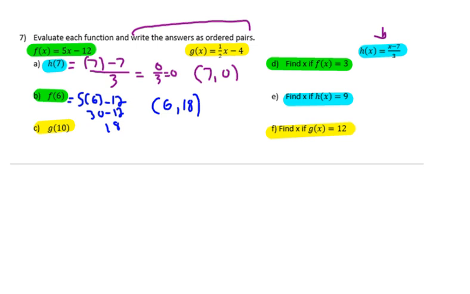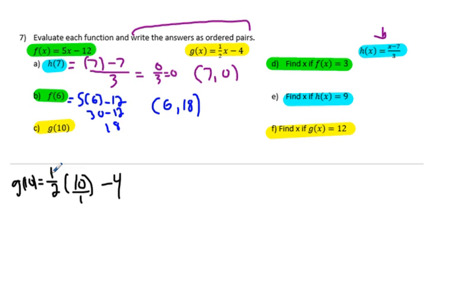Okay, letter C, g of 10. So now we're going to evaluate this middle function. g of 10 equals 1 half, and where the x is, we're going to put a 10. 1 half times 10 minus 4. Again, doing multiplication first, we're going to do 1 half times 10. I can't multiply a whole number by a fraction unless I make the whole number a fraction.